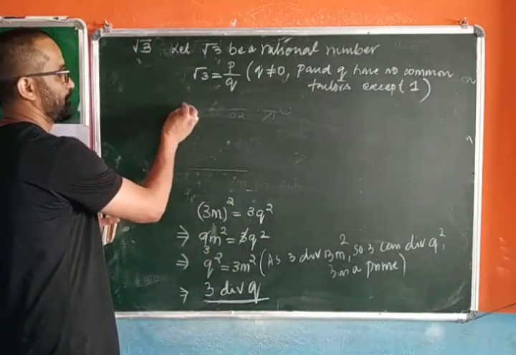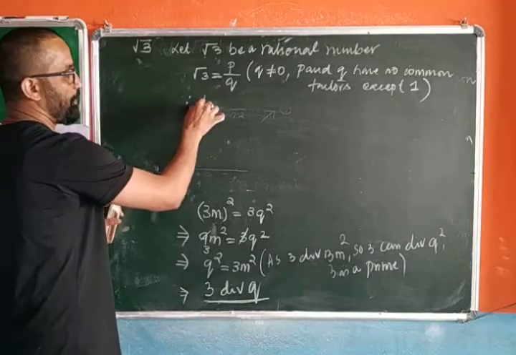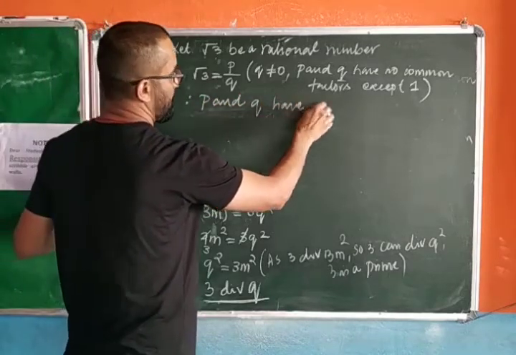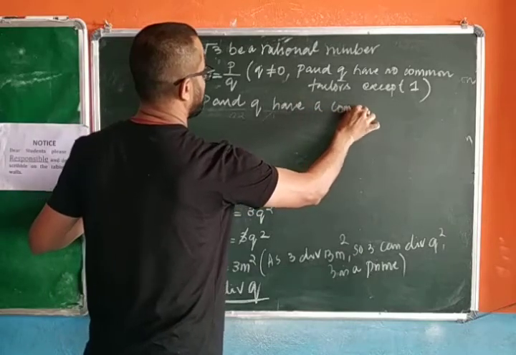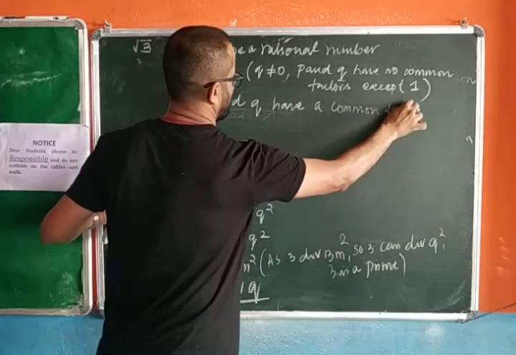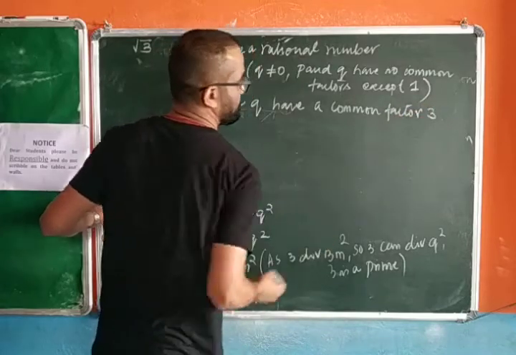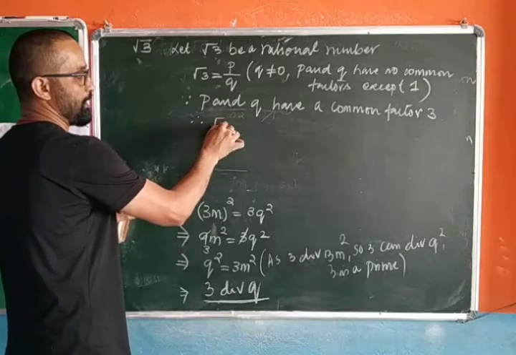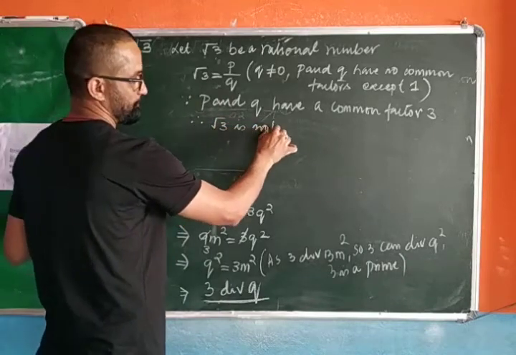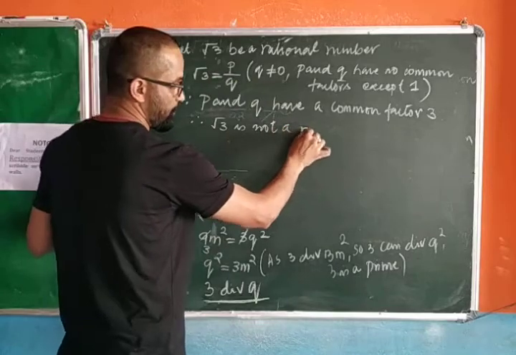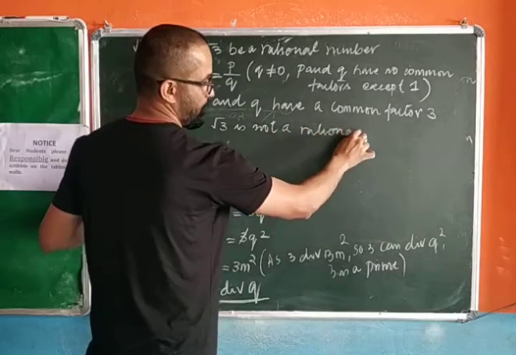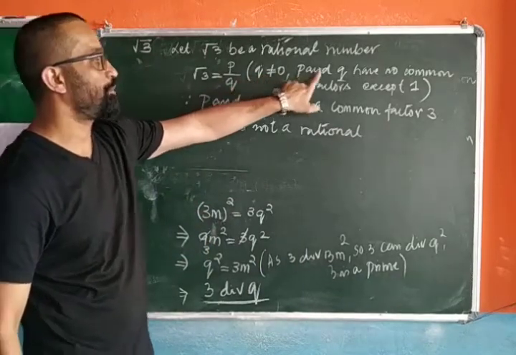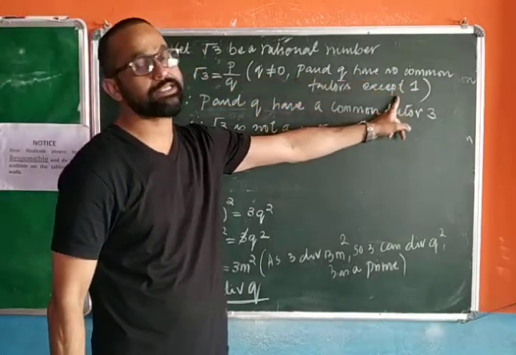Since p and q have a common factor 3, therefore root 3 is not a rational number, because it contradicts the statement here: p and q have no common factor except 1.